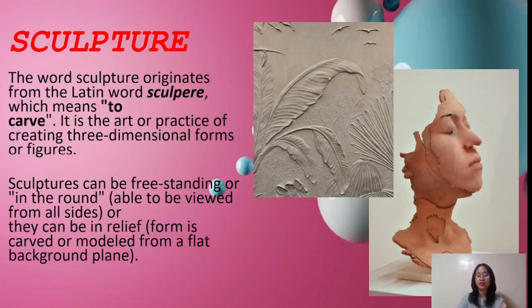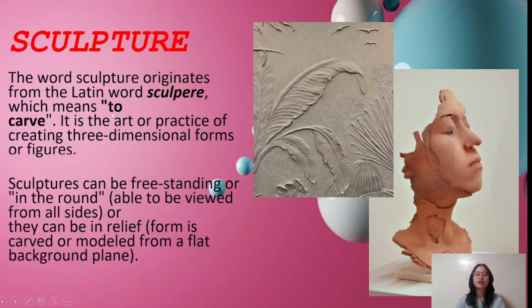You know what 3D is, right? Which is holistically viewable. This is a three-dimensional form of sculpture where we can see all the sides, the back, the front, and the two sides of the sculpture or the object.